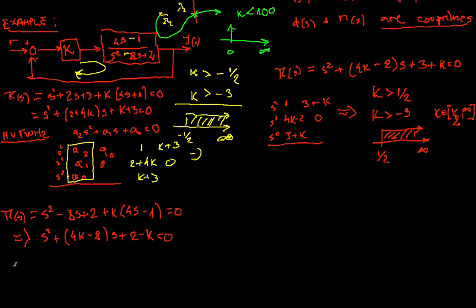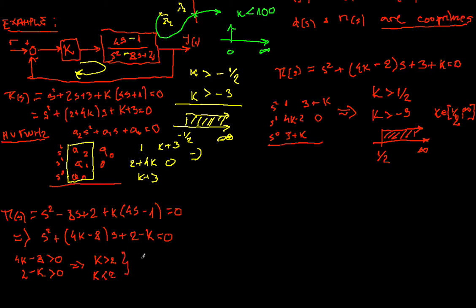What I constructed in this case is, the same way as from the curvature table, 4k minus 8 greater than 0 and 2 minus k greater than 0, which implies that k has to be greater than 2 and smaller than 2.